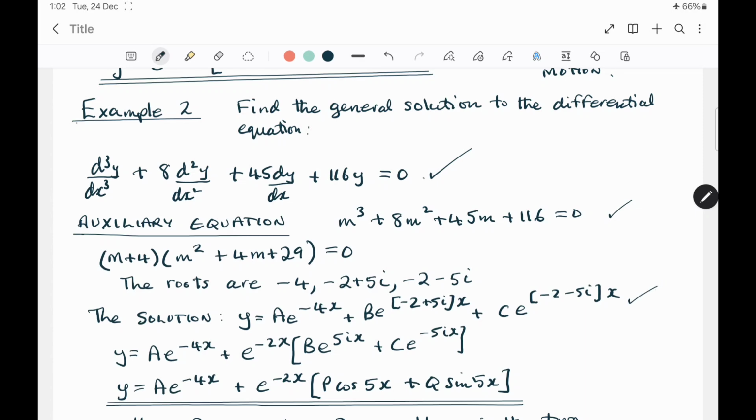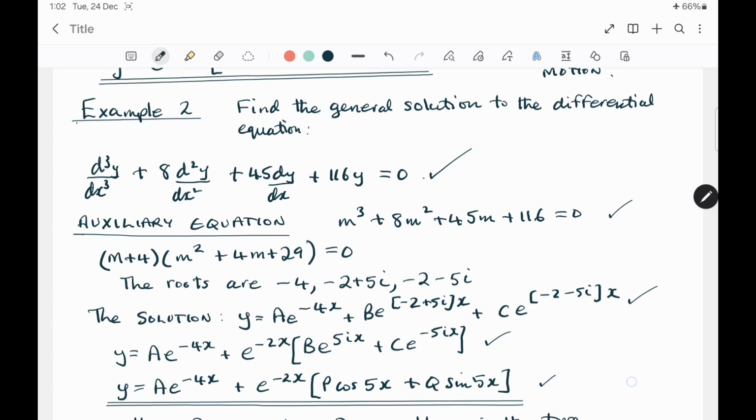Again, taking the common factor e to the minus 2x out, we get y equals a e to the minus 4x plus e to the minus 2x times (b e to the 5ix plus c e to the minus 5ix). Using Dr. Euler's formulas, in the same way as before, this comes down quite easily to y equals a e to the minus 4x plus e to the minus 2x (p cos 5x plus q sin 5x).